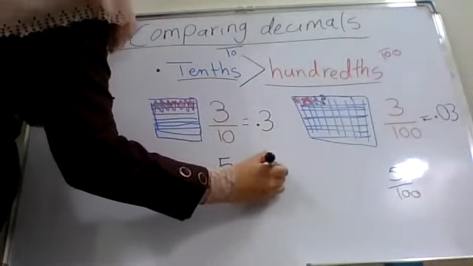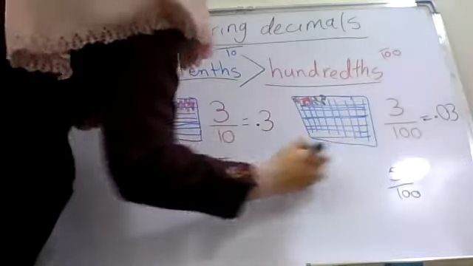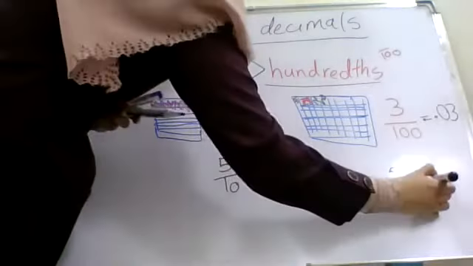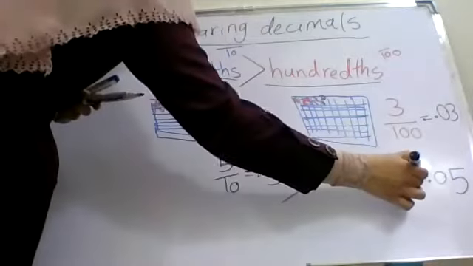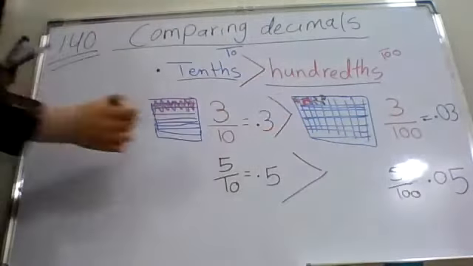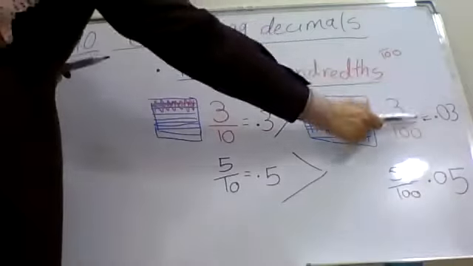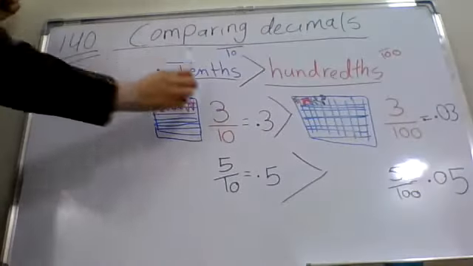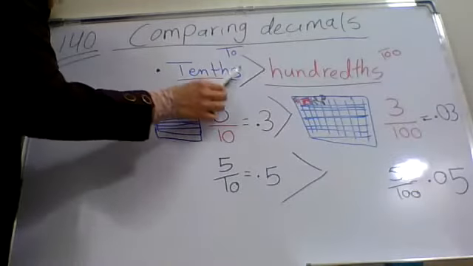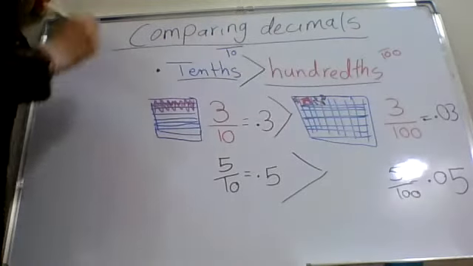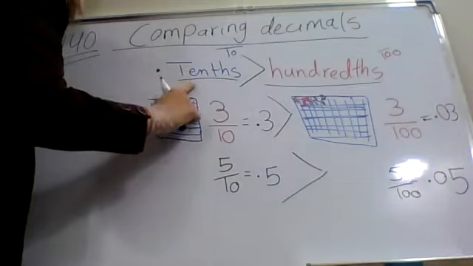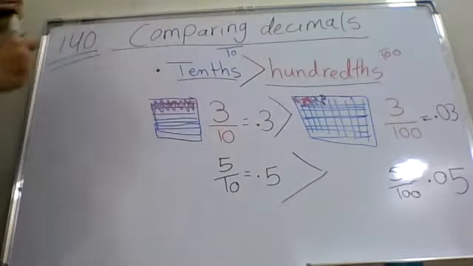So 0.5 is for sure bigger than 0.05, okay? And 0.3 is for sure bigger than 0.03 because the 10th place is always bigger than the 100th place. I need to repeat. Any number on the 10th place is bigger than the 100th place.